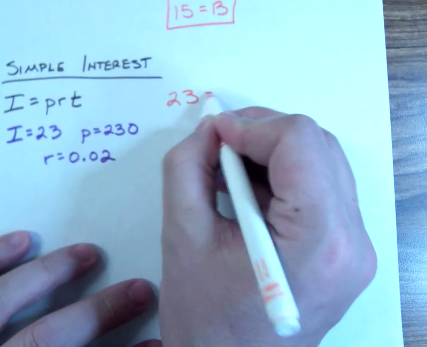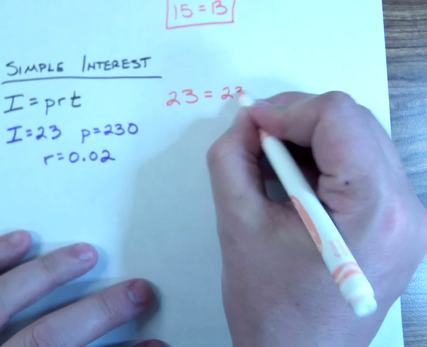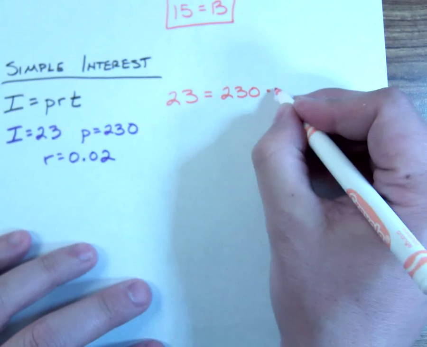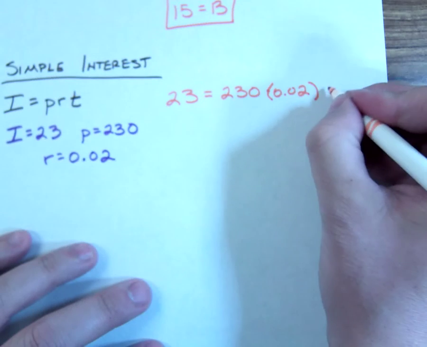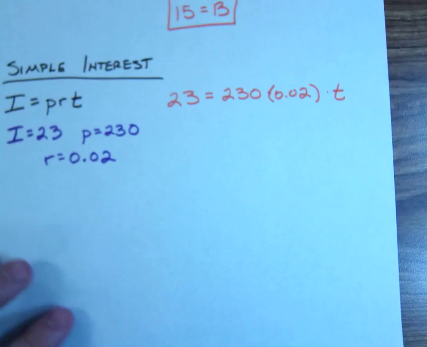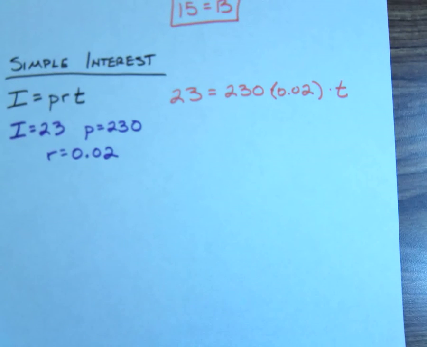23 equals P times R times T. Parentheses first.